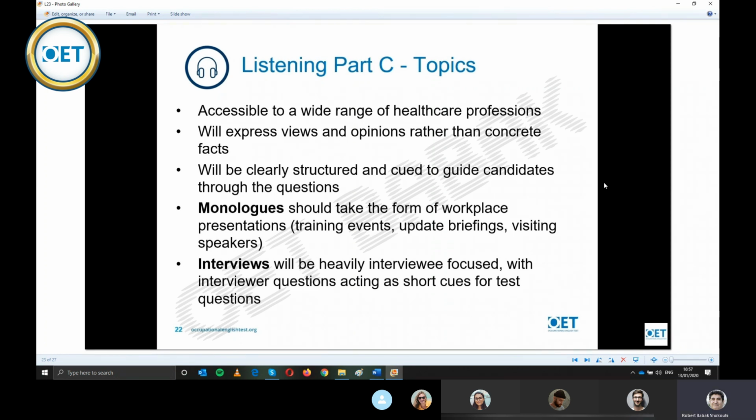Okay, and also interviews. So it is a lot about the person who is being interviewed. So the interviewer asks a question, and that is a cue that tells you, okay, this is the next question. So usually, if you have 6 questions to answer, there are 6 questions by the interviewer.